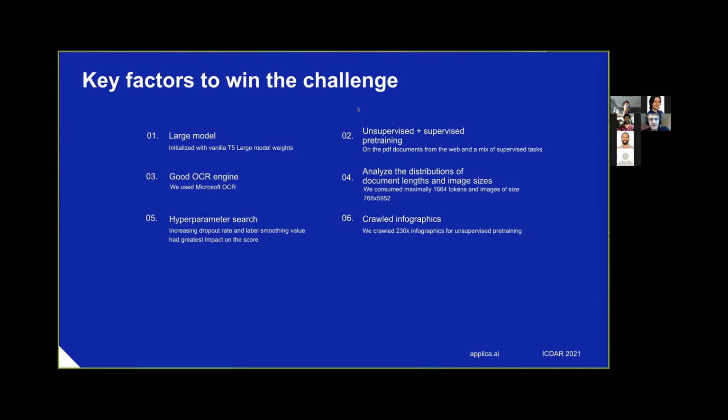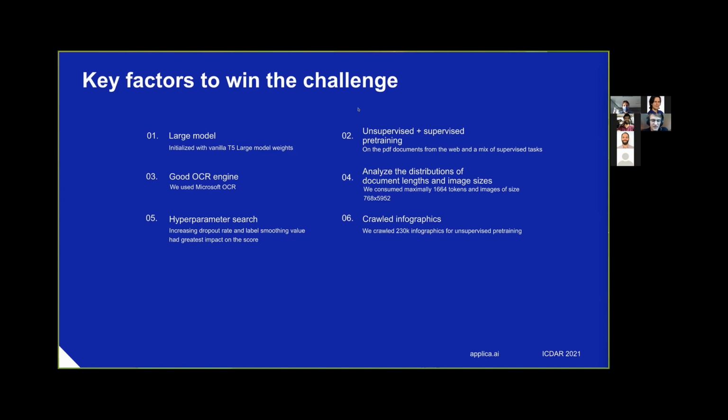And then we set the maximum height to be 5,952 pixels. Every image which had more than those almost 6,000 pixels was cut there, and the pixels below were discarded.